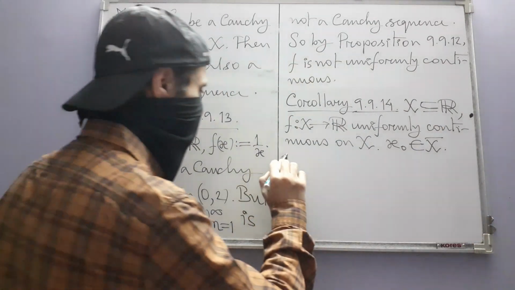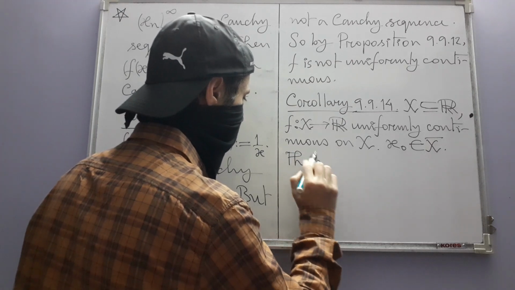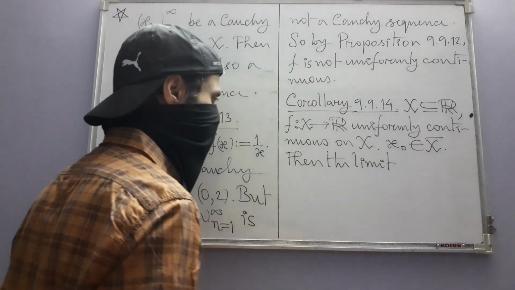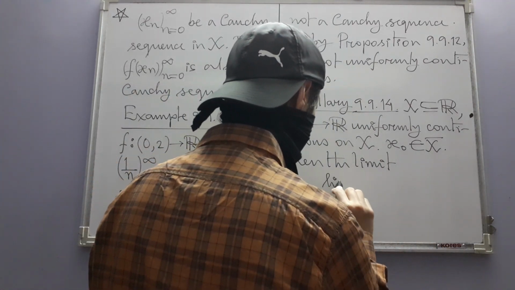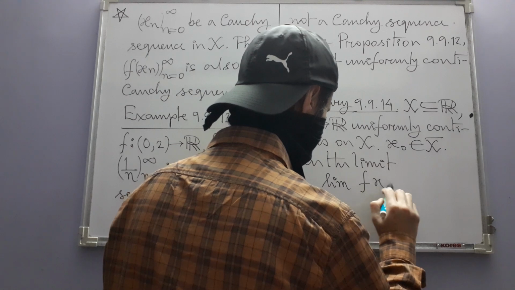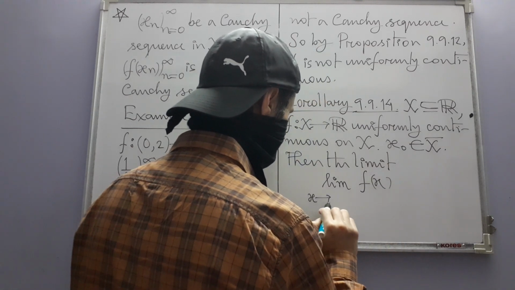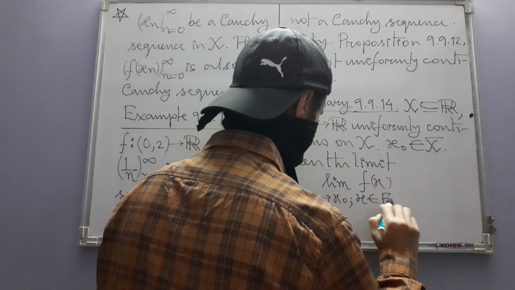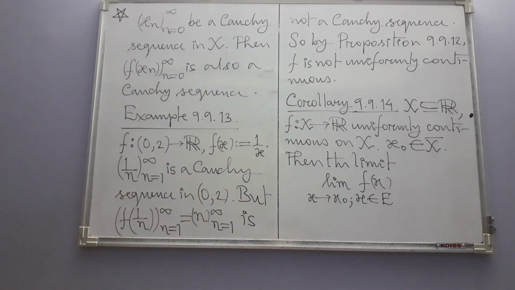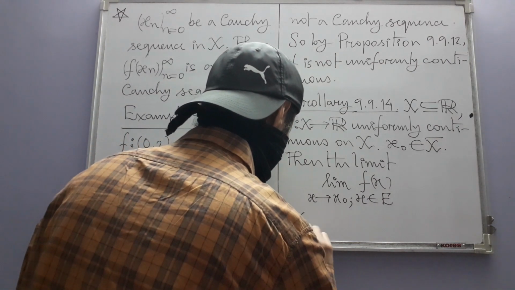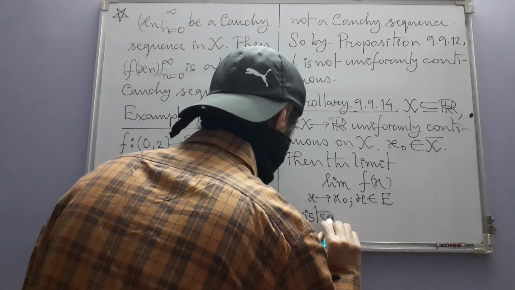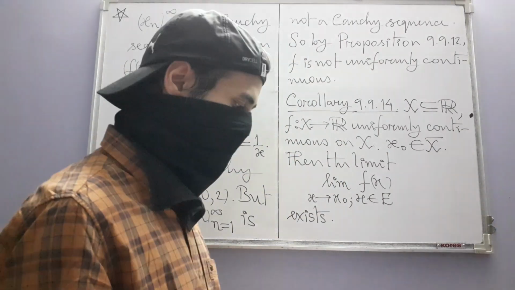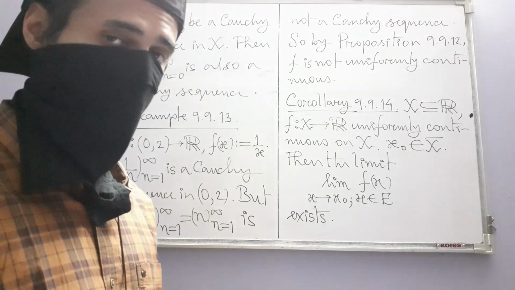Then the limit of f of x as x approaches x naught in E, this limit exists. So that is the claim of this corollary, and this also we will prove in one of the exercise 4 actually.